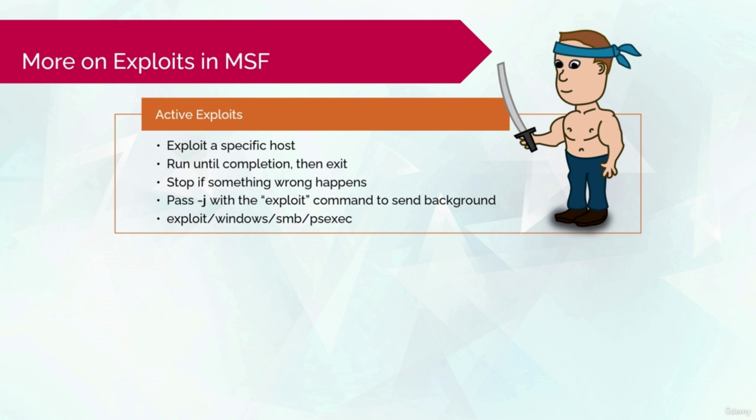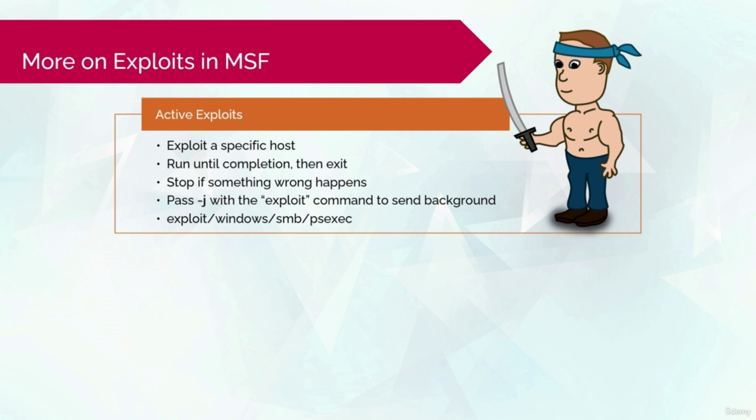For example, brute force modules will exit immediately when a shell opens, and execution of the module stops if an error occurs. Oh, and by the way, you can force an active exploit to work in the background by entering -j into the exploit command.